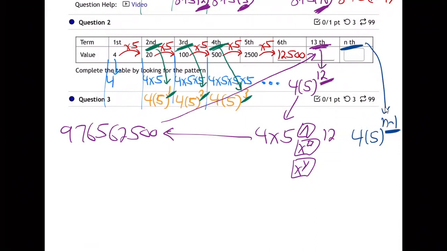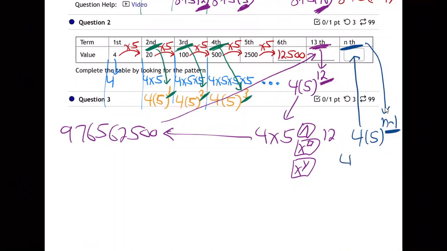The power has to be 1 lower than the term number, right? So when the term was 13, the power was 12. When the term was 4, the power was 3. When the term was 3, the power was 2. So when the term is n, the power is n minus 1, 1 lower. So that's what we put in that box right there.